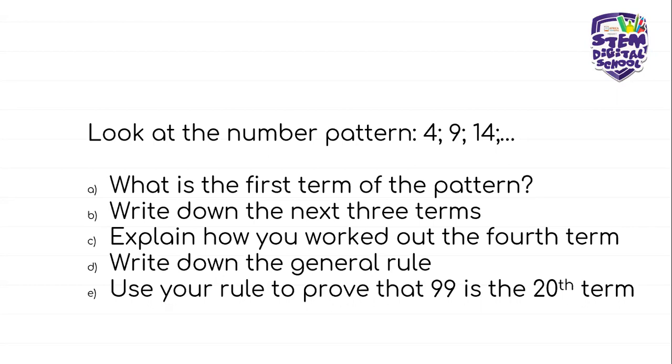So to prove that 99 is the 20th term, you will have to multiply 5 by 20 and then subtract 1. So let's test whether that is true or not. What is 5 times 20? 5 times 20 is 100.